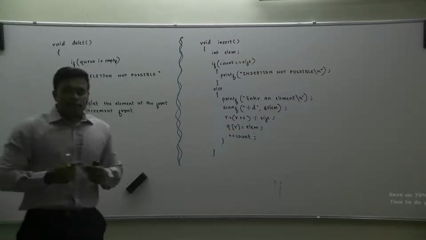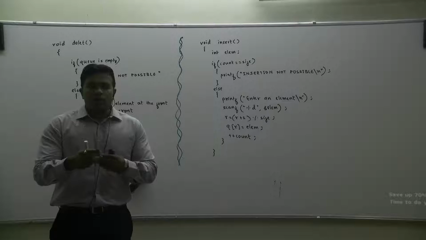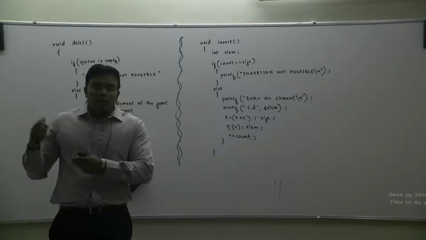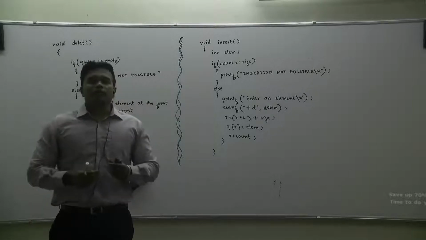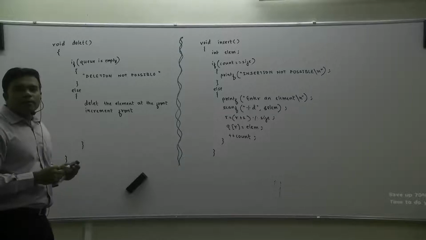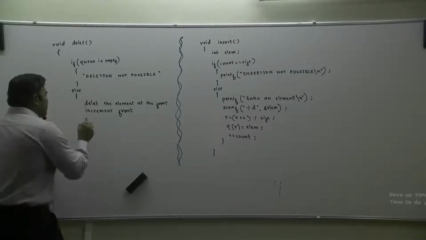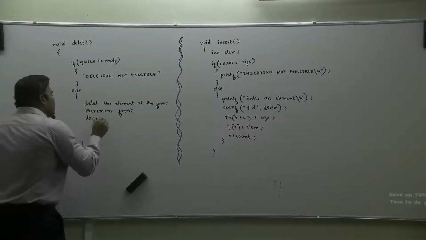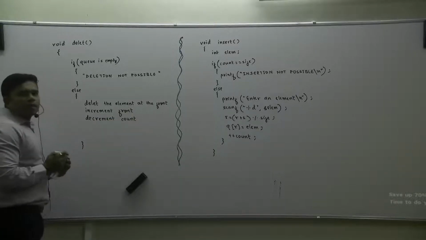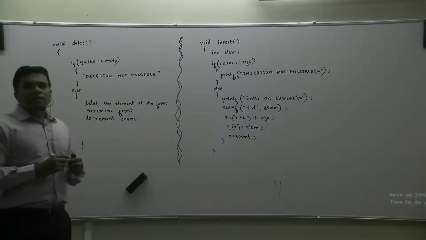Obviously, the fellow standing in the cinema ticket queue, the fellow who is at the front, will collect the ticket and he will get deleted. The fellow next, he becomes the new front. Not only that, you will have to decrement count. This is the requirement.